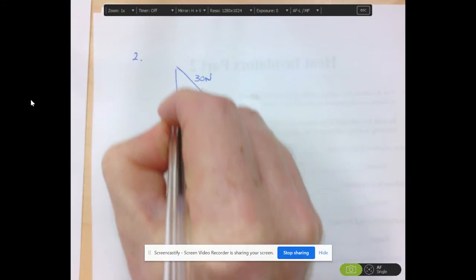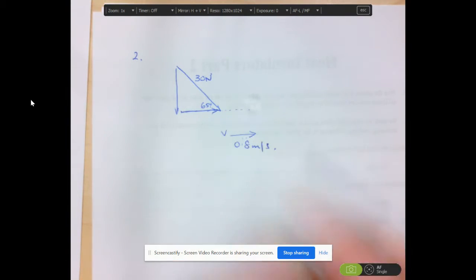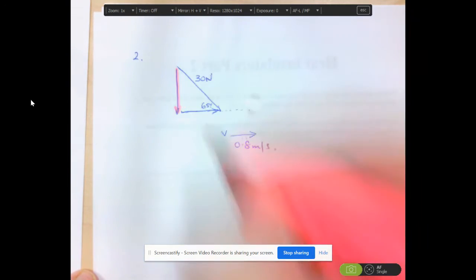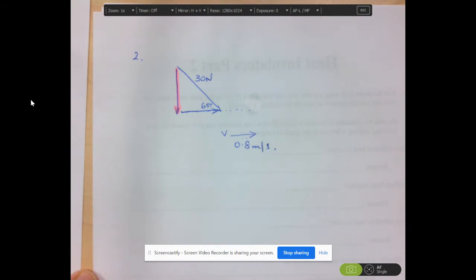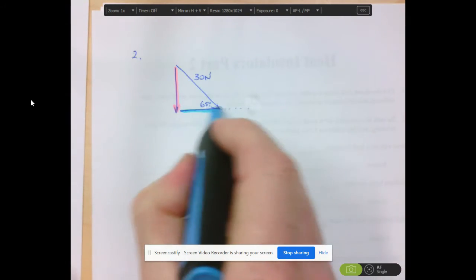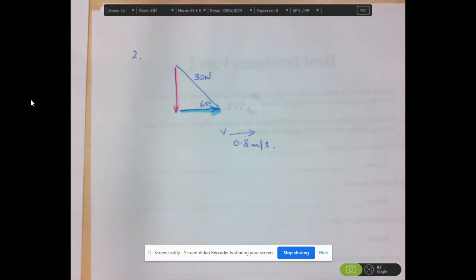So this force here will be resolved into two sections. This one going down here is obviously not parallel to V, so we're not going to calculate it. We are just going to do the one that is parallel, which is that one.